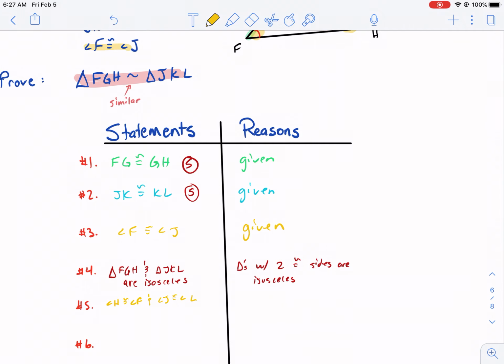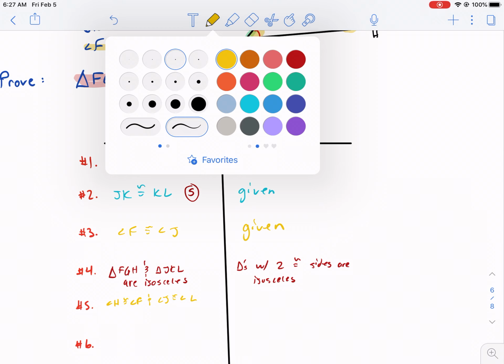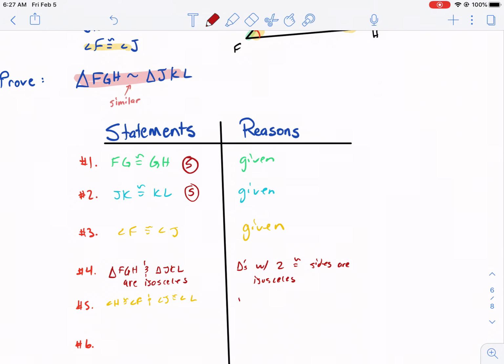Well, what's a good way to say this? We can say definition of isosceles triangles, or probably better yet, you could say something like the isosceles triangle congruent base angles theorem.